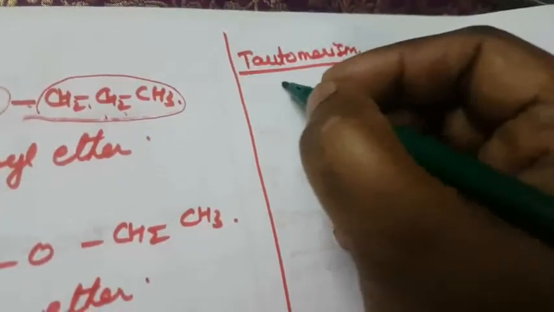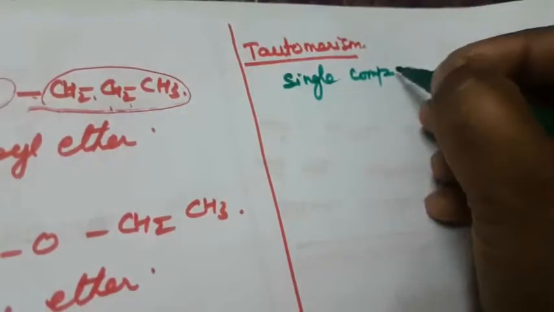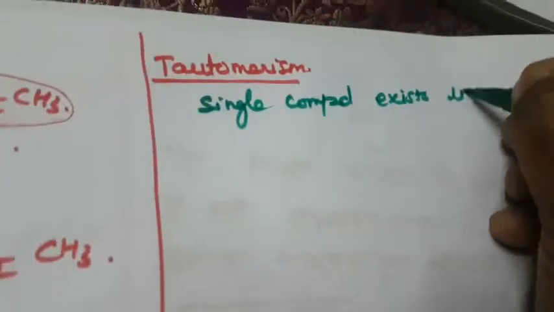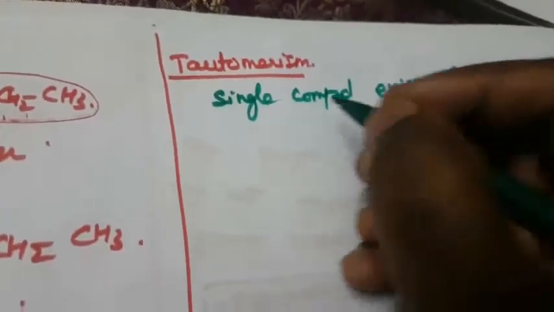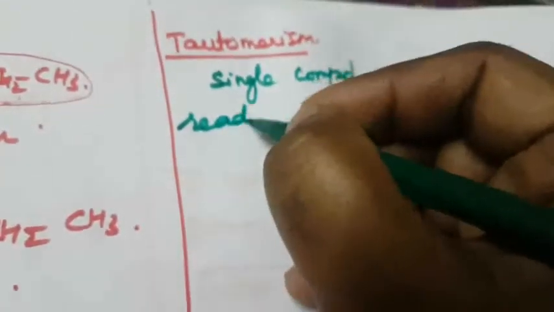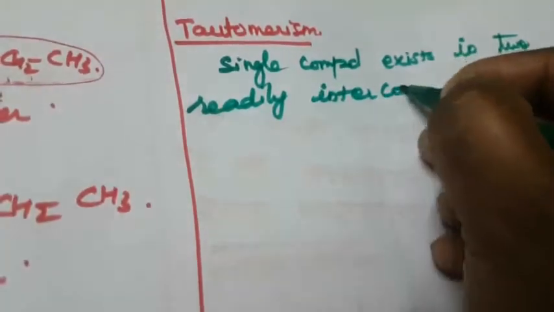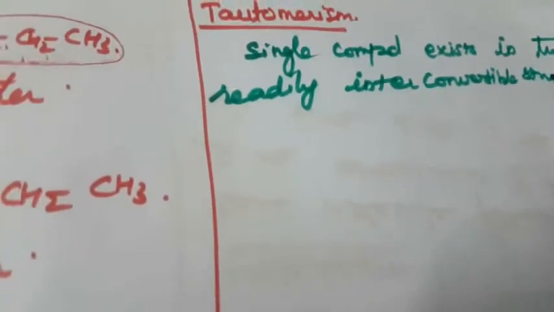So a single compound exists in two readily interconvertible structures. Let me give one example.